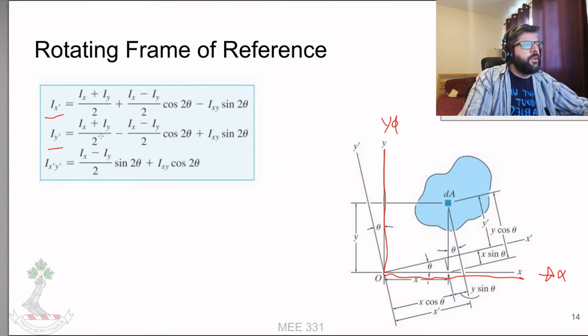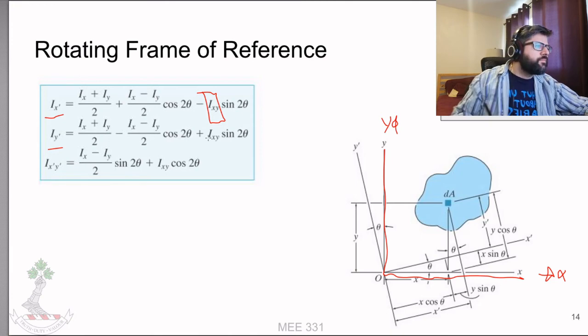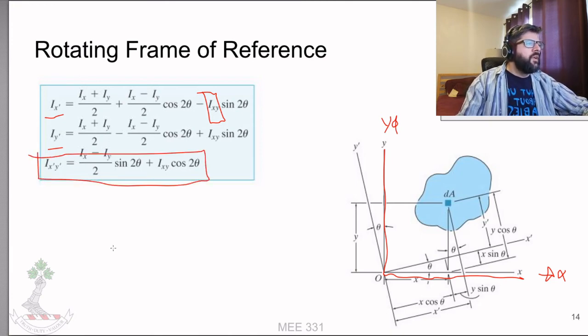Those will be a combination of the original Ixs, Iys, and product of inertias, your Ixys as well. So that allows you to recalculate those parameters just based upon what you had originally and some relatively simple trigonometry.